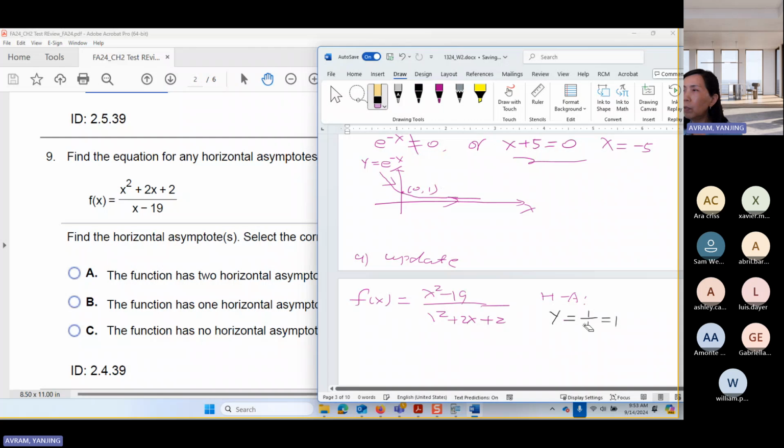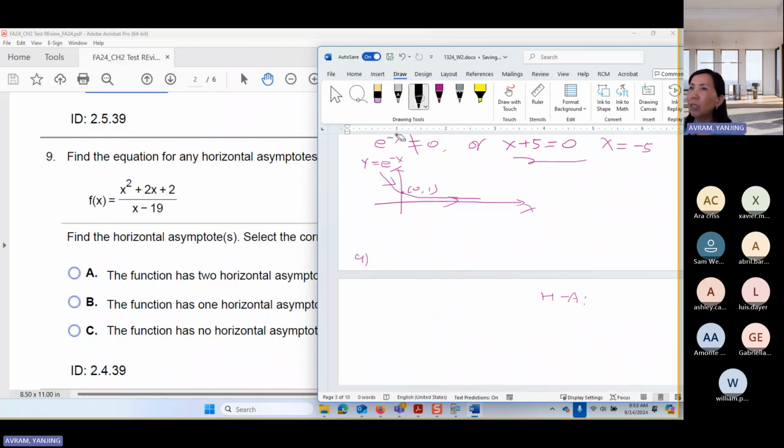I usually tell people, how do you find a horizontal asymptote? If you use the ratio of the coefficients, you need the same degree. So why doesn't this one have a horizontal asymptote? Let's see.